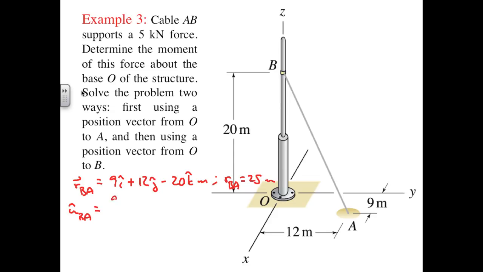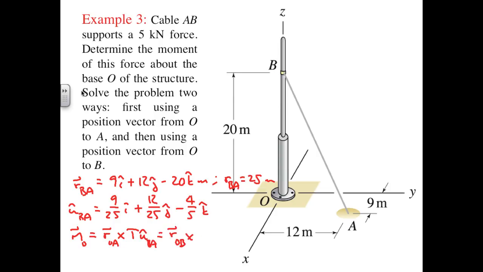That turns out to be 9/25 I plus 12/25 J minus 4/5 K. We want to calculate the moment about O, which is either ROA cross the tension on UBA or ROB cross the tension on UBA.